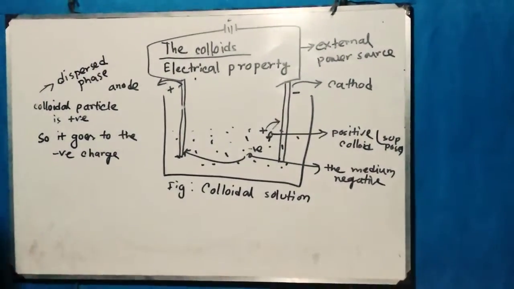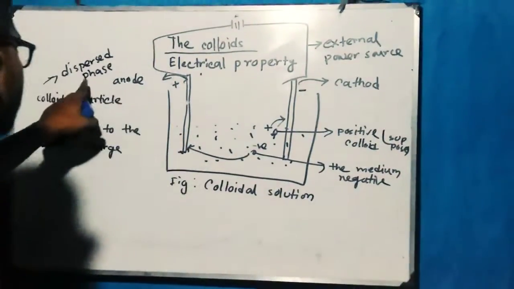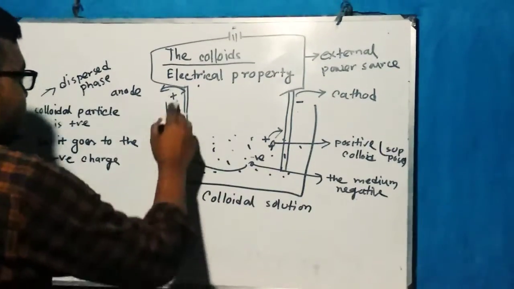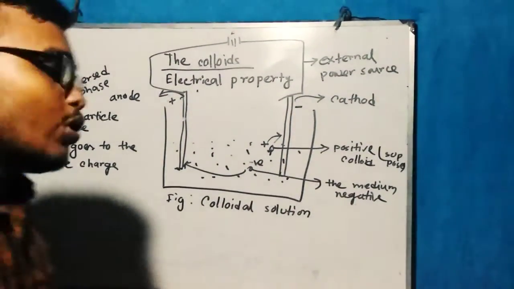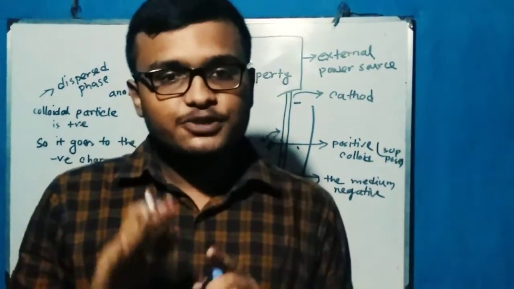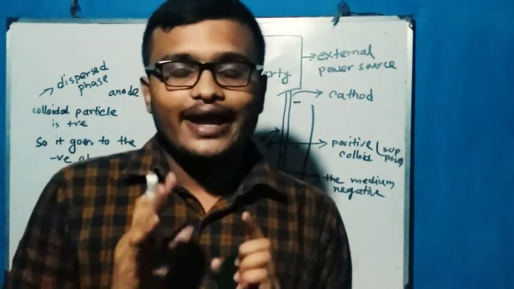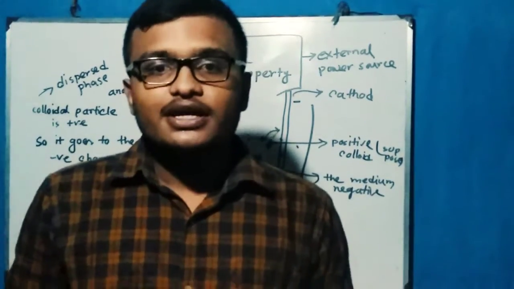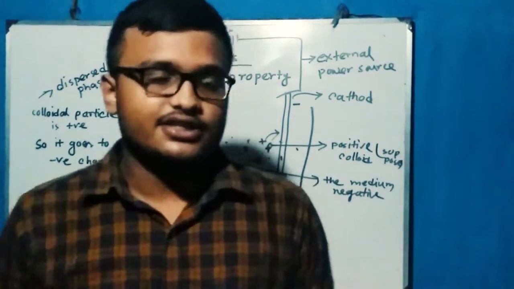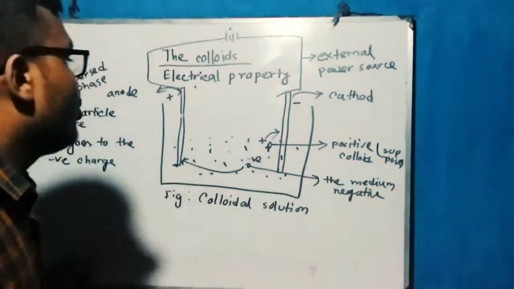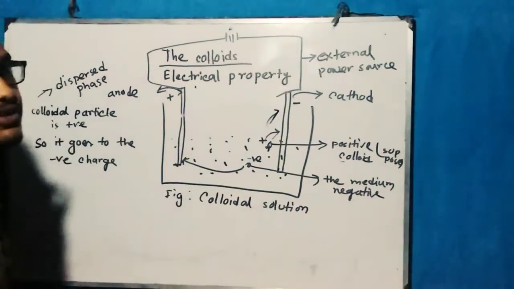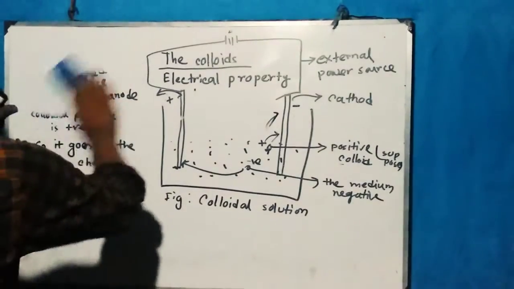Here the dispersed phase is moving to the cathode, and the dispersed medium, which is negative, is going to the anode. The opposite charges attract, so if the colloid is positive, it goes to the negative charge. That's the trick.